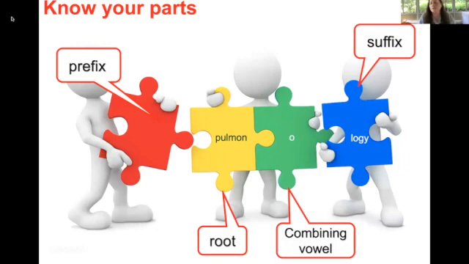It might take you a moment to get the hang of doing it constantly, but if you sit there and every single word you read, you break it up and go, okay, here's my prefix, here's my root word, here's my combining vowel, if it has one, and here's my suffix. It's literally going to help you remember what everything is, because like I said, we already learned pulmon is lungs and logy is study. So you look at the word pulmonology and it means study of the lungs.